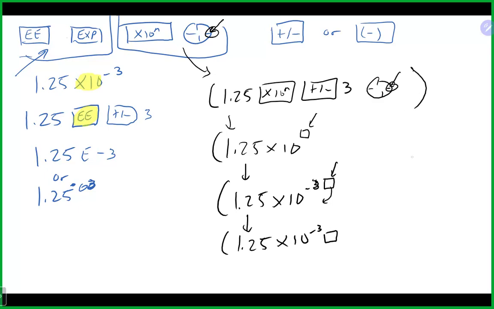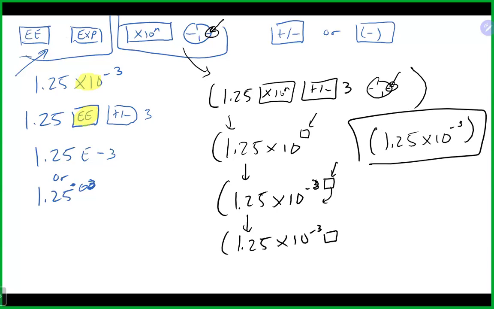And now you can close your parentheses, and you will have something on the screen that looks like this. And that is what you need to do. Obviously, there are a lot of steps. I did each step individually, but you get the hang of it. But that is definitely, for the most common calculators out there, how you want to properly put that into your calculator. You definitely want to use your exponent button.